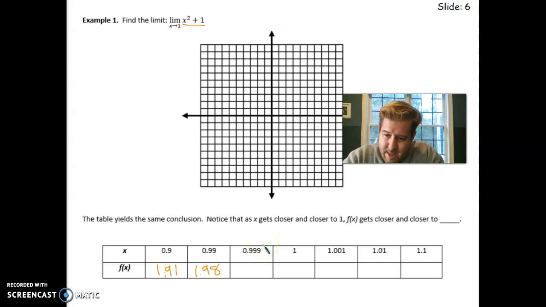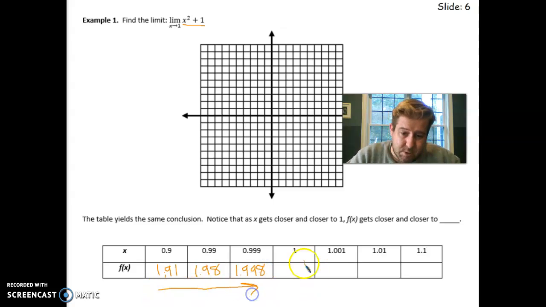If I do that again, over and over again, what I'm going to find out is that I'm going to get closer and closer to the number 2, 1.998. So as I get closer to 1 as the domain, I'm getting closer to an answer of 2. Now, what will happen on the other side, 1.001, which is barely above 1, that gives me 2.002.